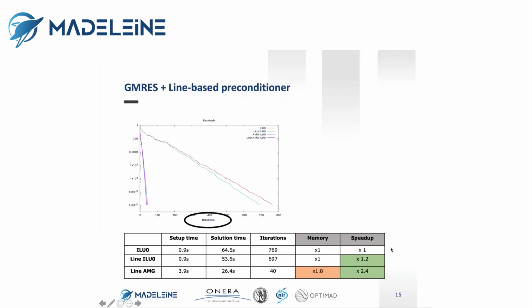The exploitation of this information resulted in a speed up, again, with a factor of nearly 2.5, where we use an algebraic multigrid strategy that exploits the information extracted by Onera from these matrices. Combining these two strategies, we could expect a speed up with a factor of around 4.